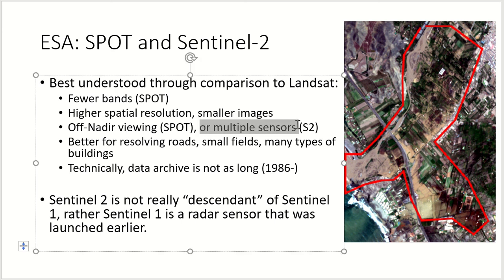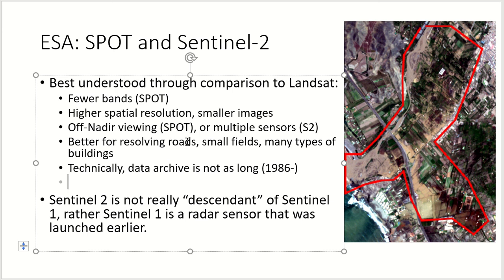Sentinel-2 effectively can give a shorter revisit period by virtue of having multiple sensors in that constellation. So the 10 or 20 meter spatial resolution of these sensors makes them, compared to Landsat, better for resolving certain features.